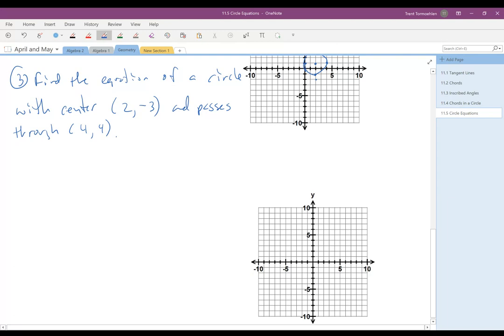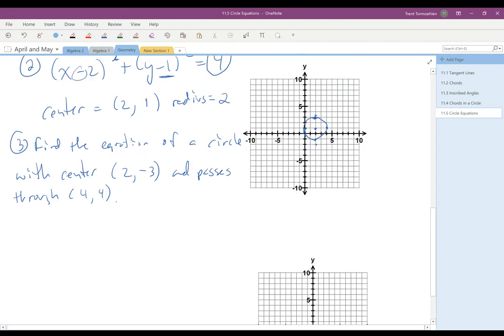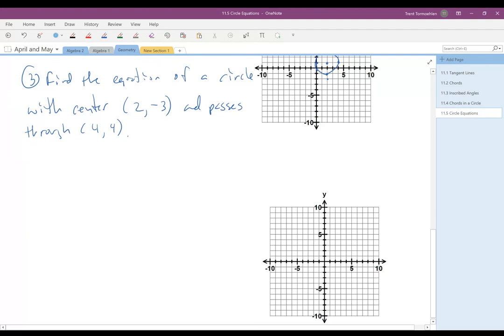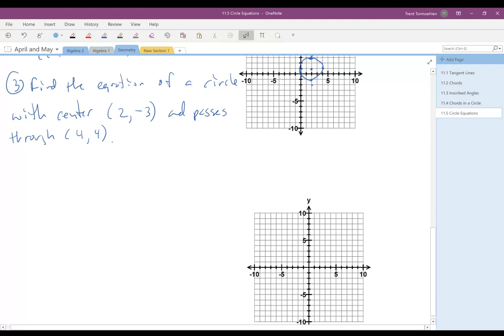And so to do the equation of a circle, remember it is x minus h squared plus y minus k squared equals r squared. So the 3 things you need are the x-coordinate of the center, the y-coordinate of the center, and the radius. Well, based on this information, we know the x and the y-coordinate of the center.